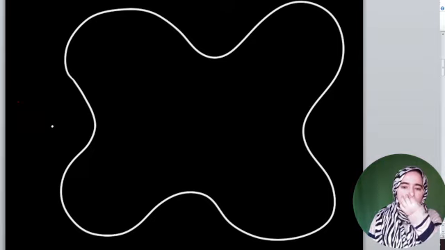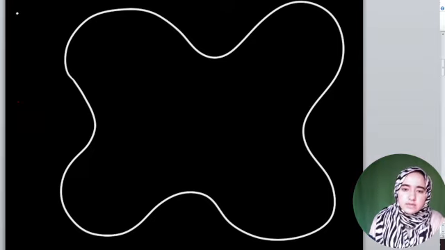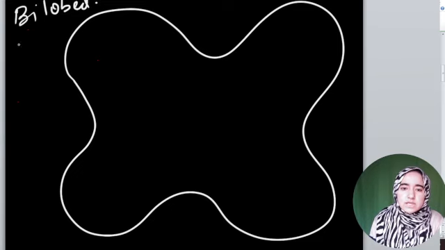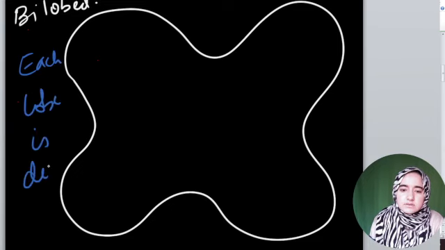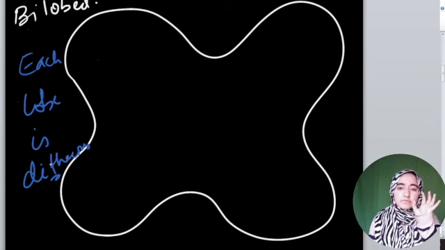First of all, please remember anther is bilobed. This should be your first point about anther. Then you can write each lobe is dithecous. That means in total we have four. In one lobe we have one theca and another theca; in the other lobe we have one theca and another theca.